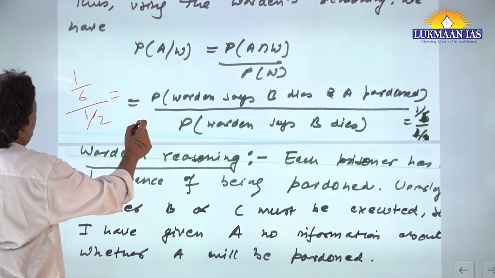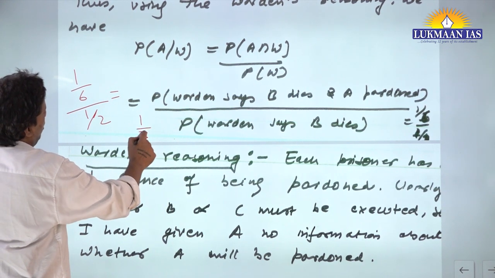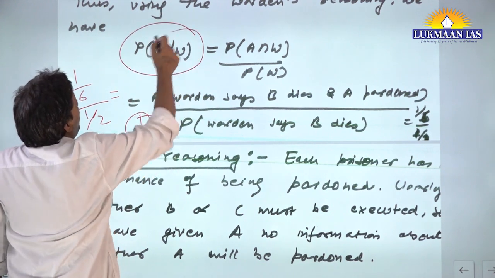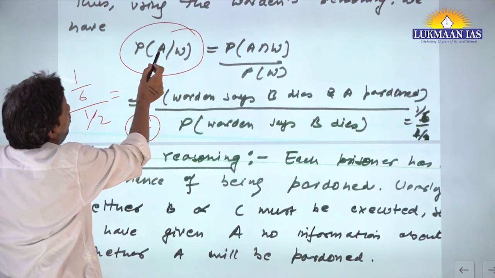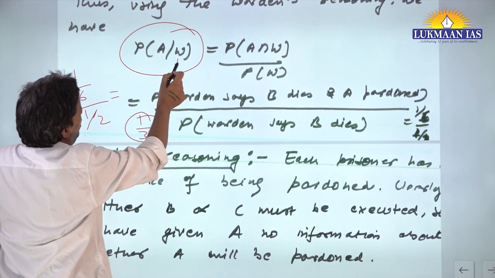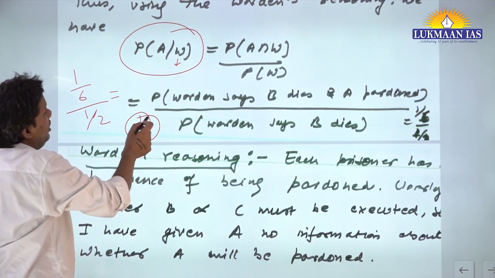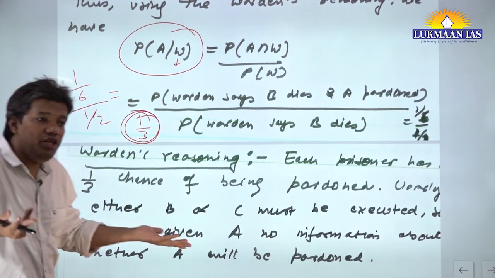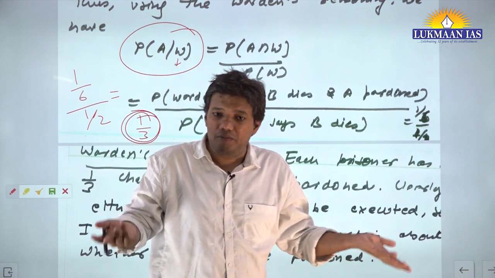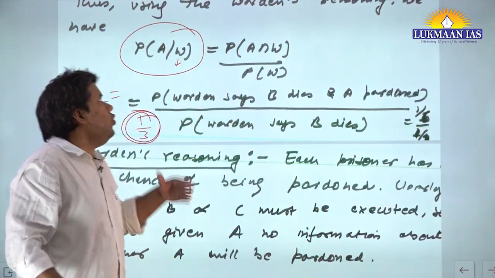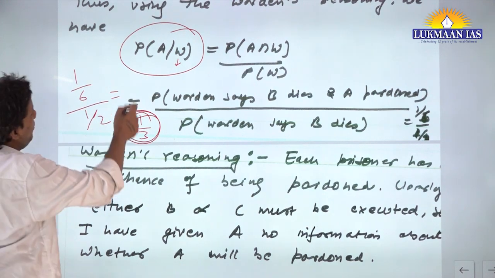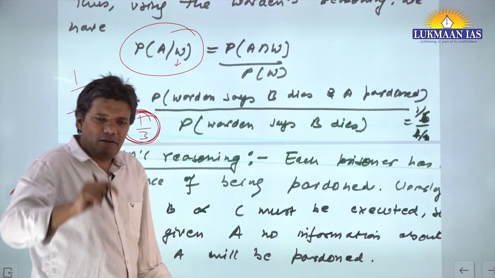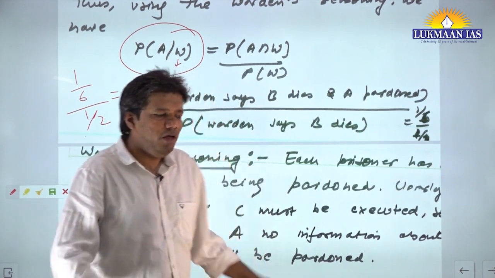So this will be again how much? 1/3. आंसर कितना है? तो इसका मतलब probability of A का pardon होने का, see what this statement is, probability of A being pardoned given that warden has told him that B being executed, ये अभी भी 1/3 रही. तो इसका मतलब इसका मीनिंग क्या है कि वार्डन ने उसको जो इन्फॉर्मेशन दिया, उससे उसको कोई एडिशनल इन्फॉर्मेशन नहीं मिली है, and the probability of A being pardoned remains 1/3, and this is correct. See, mathematics, statistics, probability ये बताता है.